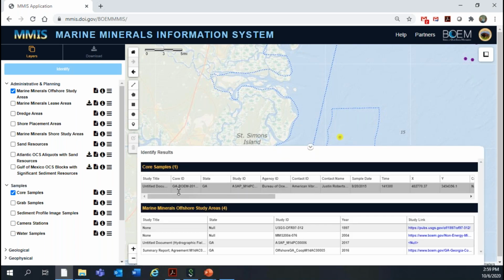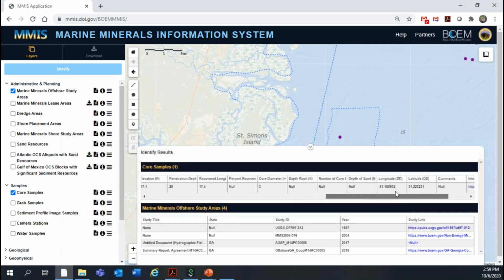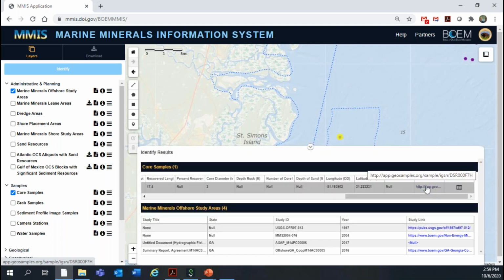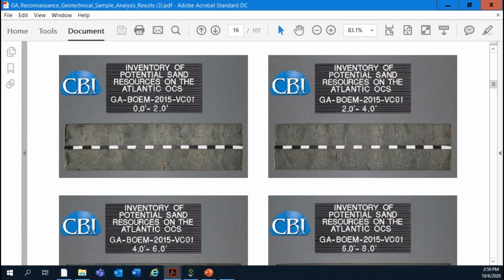There we go. So as you can see, this was a core sample GA for Georgia, BOEM 2015 VC07. And it's got a lot of information in here, a lot of metadata, and actually has a link because, again, this is one of those that's been made publicly available. So if you click on that link, it'll actually bring you to the report.